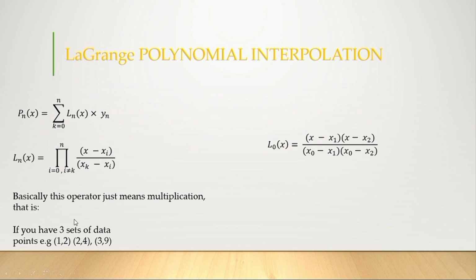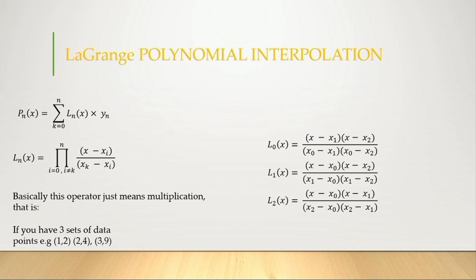Okay, so if we have three data sets, which is 1, 2, 2, 4, and 3, 9, our Lagrange polynomial is going to be equal to L0 of x, which is going to be this equation here, x minus xi over xk minus xi, and we're going to have L1 with the same scenario, and L2 with that same scenario.